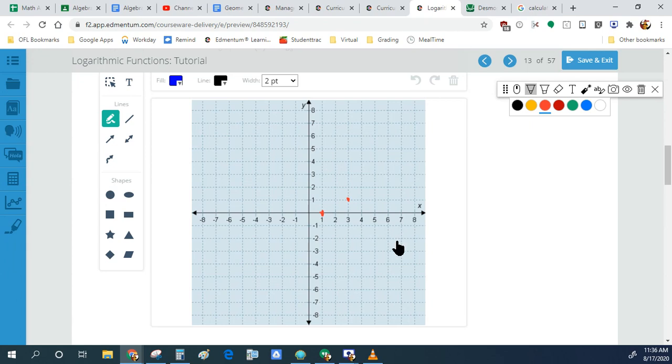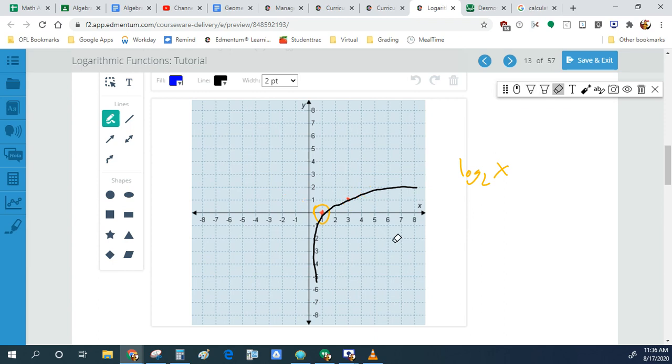So this is pretty much the same as the log of 2x, but our difference here is this point right here. This changed because instead of it being 2 comma 1, it's 3 comma 1 now, which means this grows a lot slower than 2 to the x.